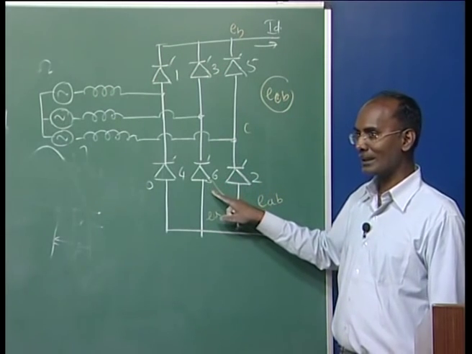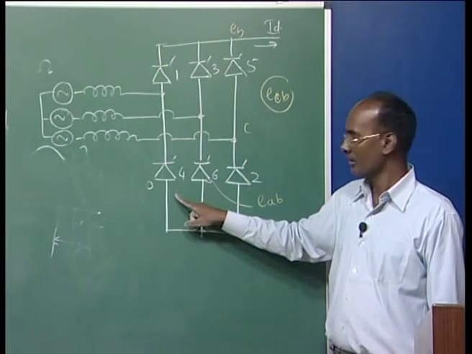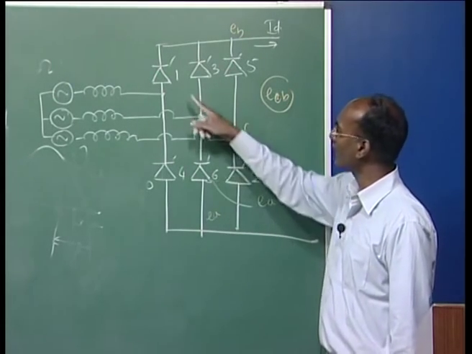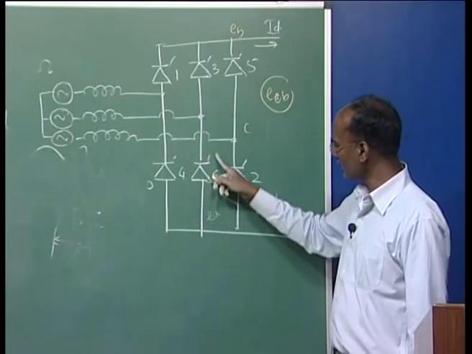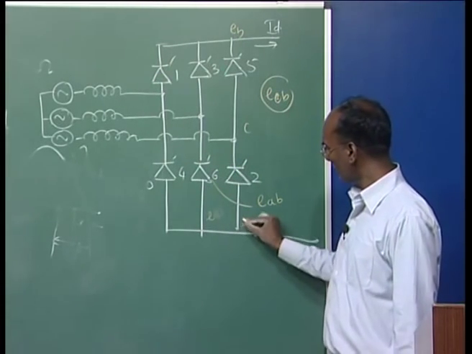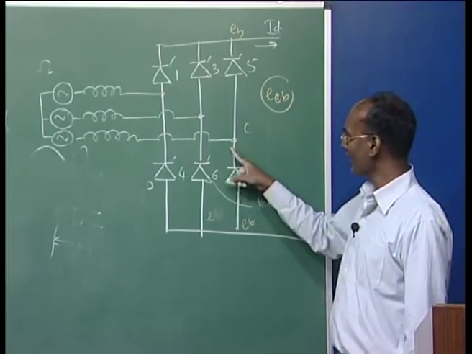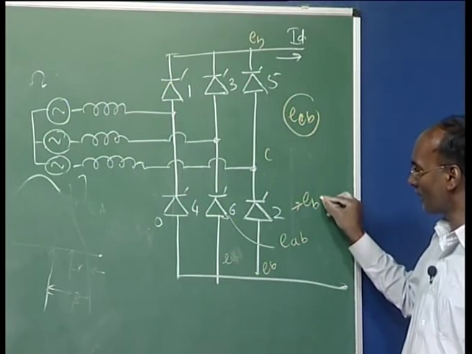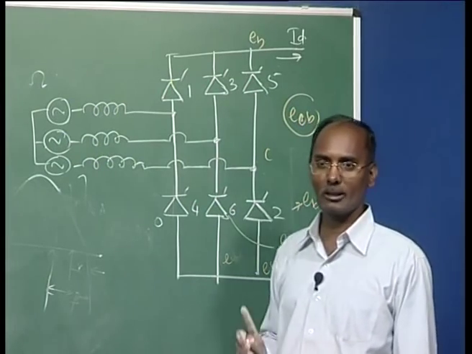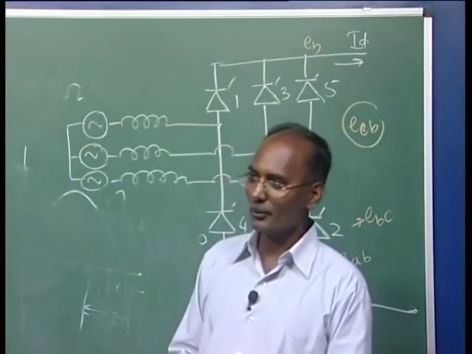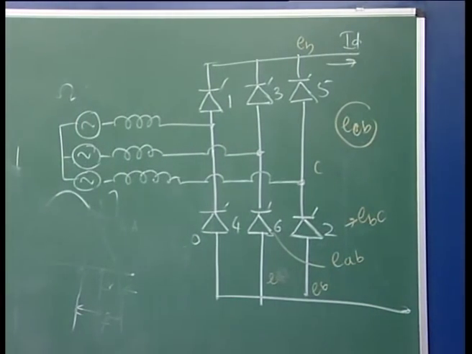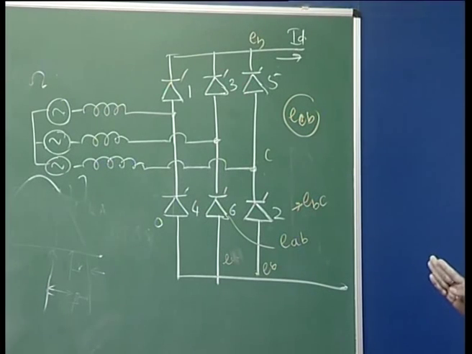Before that, what was conducting? Before this, 6 and 1 are conducting. So this is EB, here EC, this minus this, it is EBC, which is the commutation voltage of valve 2. If you are confused, do not worry, remember the commutation voltage of valve 3 is EBA, because through the whole class we defined it that way.